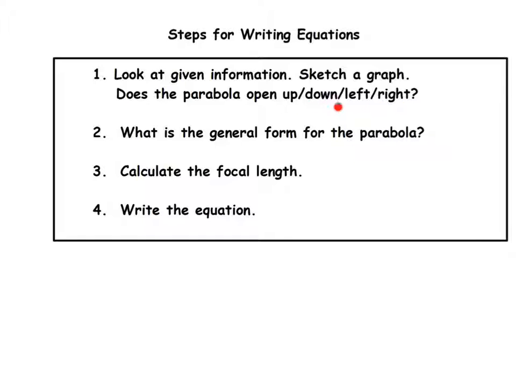Because once you know that information, then you know the general form of the equation, whether it's going to be x equals 1/(4p) y squared, or y equals 1/(4p) x squared. Then calculate your focal length. You might be able to count it right off the graph. It might be given in the information.